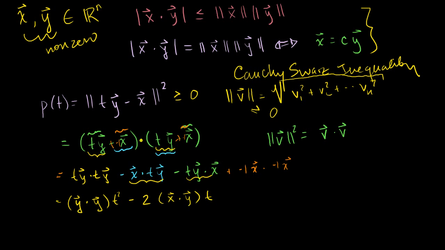These two terms result in that term right there, because they're just rearrangements of the same thing, and the dot product is commutative. And then if you rearrange these, you have a minus 1 times a minus 1. They cancel out, so those become plus. And you're just left with plus x dot x.